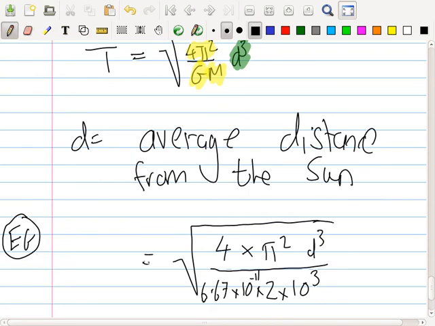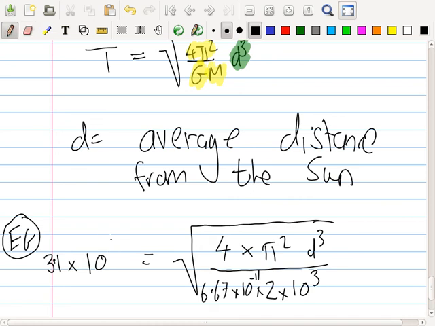And the T, that's how many seconds there are in 1 year, which is roughly 31 times 10 to the 6 seconds, or 3.1 times 10 to the 7. This is the time, yeah.